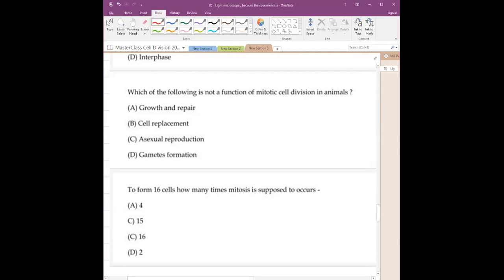One minute, guys. So just see what it is. Gamete formation. Okay, earlier everybody was giving me different answers.